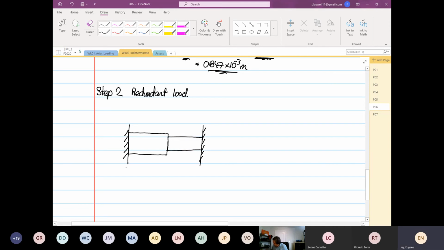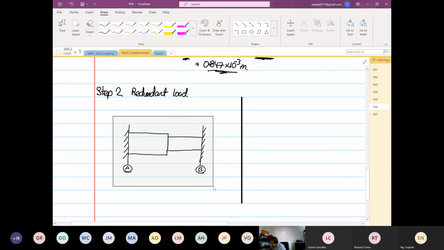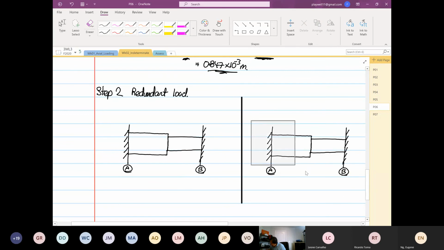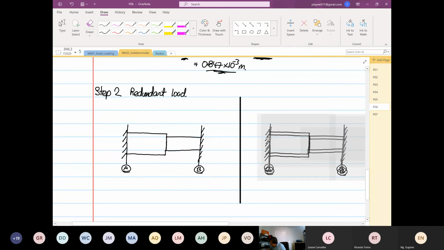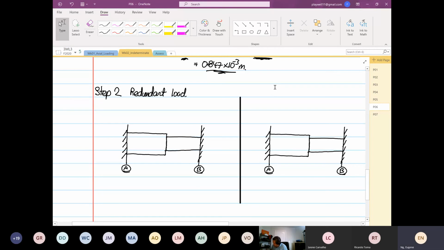This is A and this is B. I'm going to divide my page into 2. For this case, we are going to focus on aluminum, and for the other side, we're going to focus on the steel.